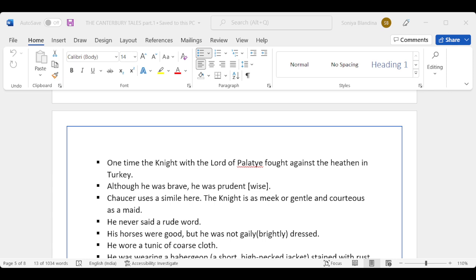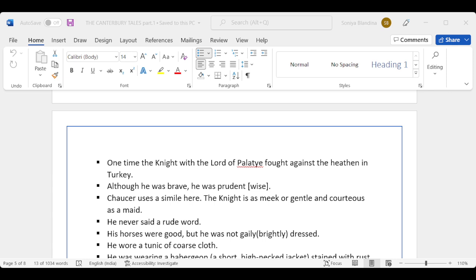And the knight was very brave, not only brave, he was very prudent. And Chaucer is using a simile here. The knight is compared to a maid. He was as meek as a maid. Okay, so the knight is as meek or gentle and courteous as a maid.